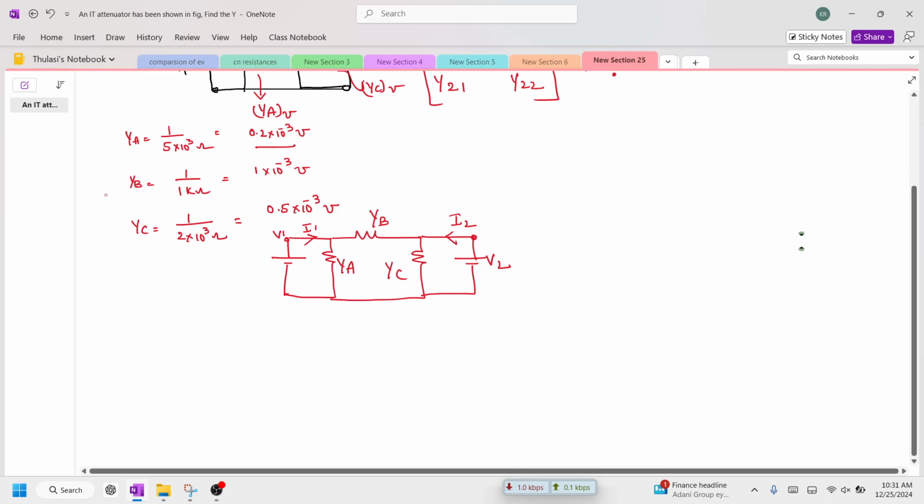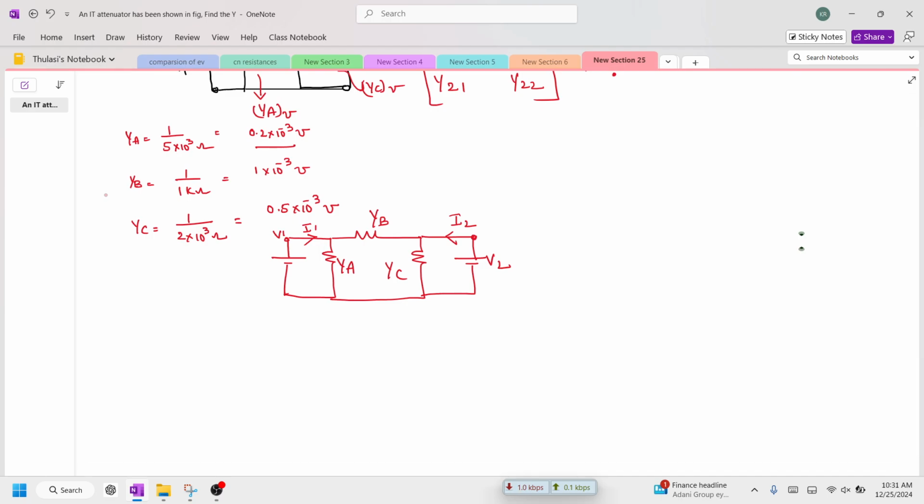Okay, so already in the previous problem I have solved how to find the current in these branches. For more clarification I'm trying to do the procedure, for those who are new to this problem. I am assuming the current in this branch is Ix, and the current in this branch is Iy.